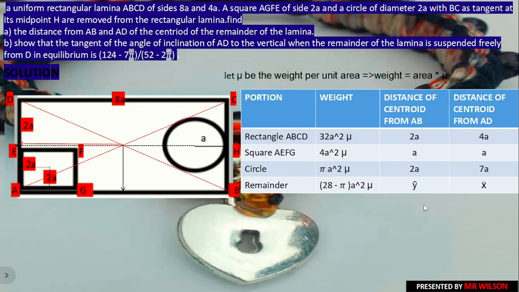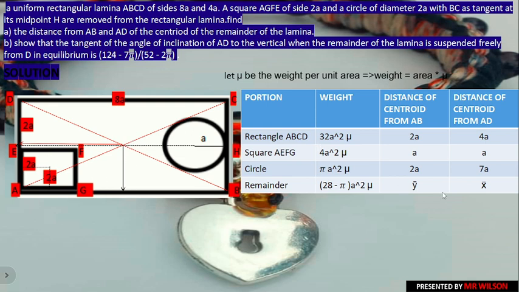Okay, now to calculate its own distances, from the center of this body to the line AB of the remaining lamina. So there's no more the square and the circle. Okay, forget about the square and the circle now. Now there will be a new distance. But since it's a vertical distance, because we don't know the new distance, then it moves along the y plane.